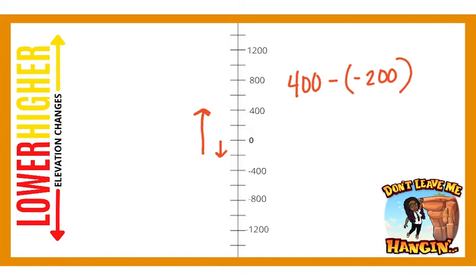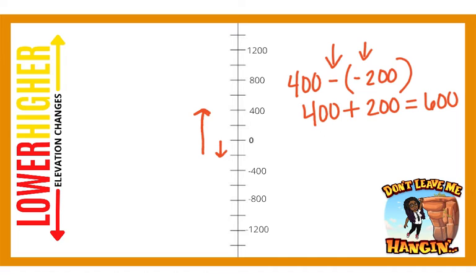So let's think about this in terms of opposites. So this subtraction tells us that we're going to go to the left, okay? But then this second subtraction, right, it voids that. Now we have to go the opposite direction. So this actually becomes 400 plus 200, okay? And what is that? That's 600. That means there was a positive 600 change in elevation.